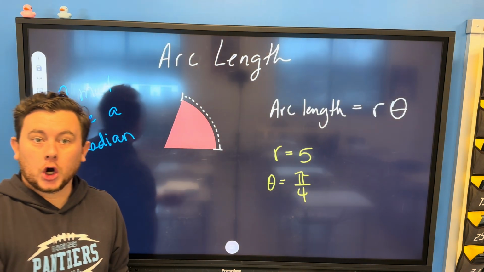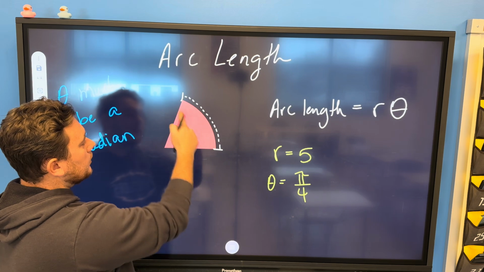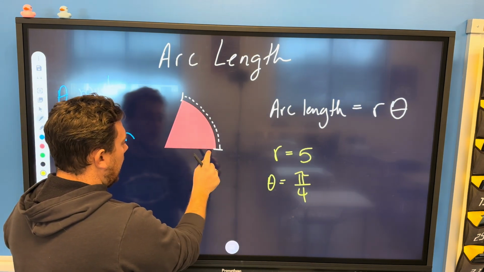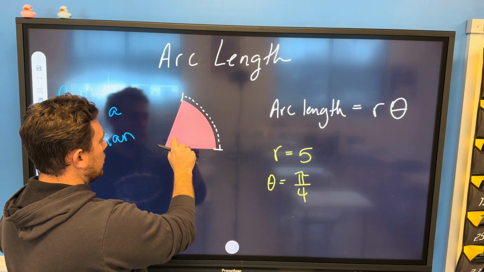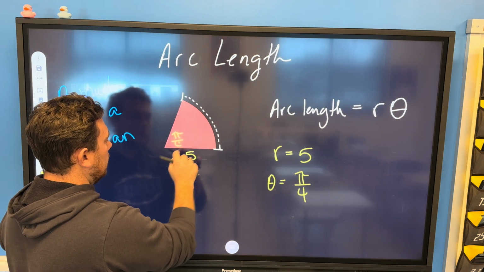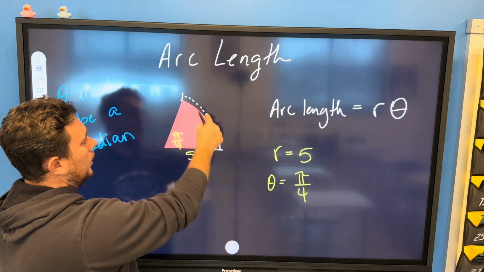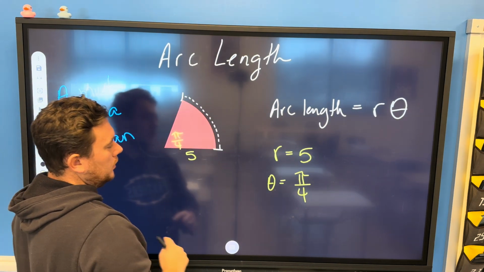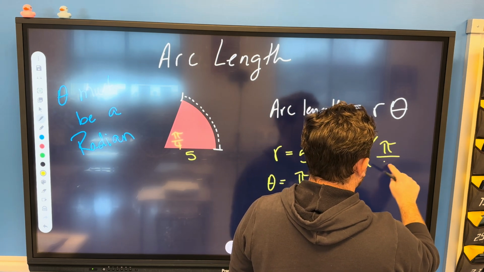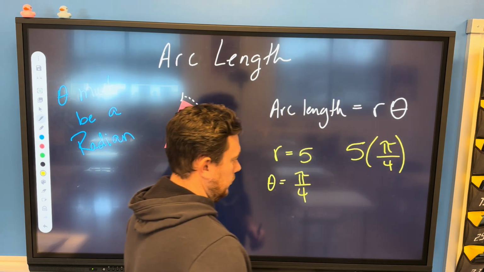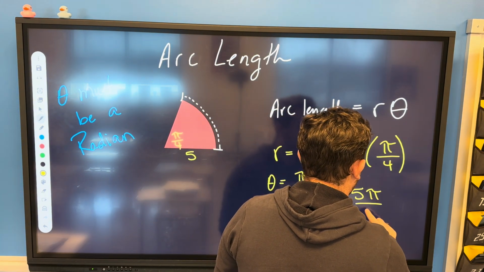The arc length of some slice of pie here that has a radius 5 and an internal measure of pi over 4, we're going to multiply that together to find this arc length on the outside. So 5 times pi over 4. We just multiply it in. That would be 5 pi over 4.